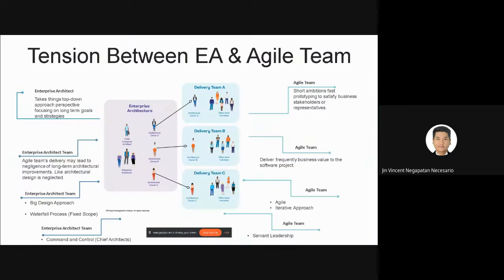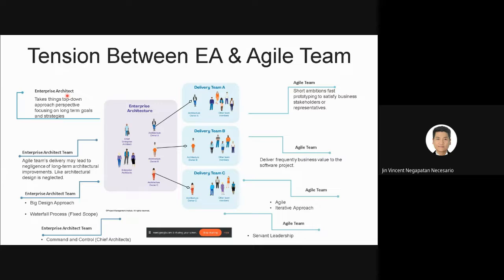And then for the tension between the enterprise architect and the agile team, because of their different perspectives, let's try to see what their differences are. For example, the enterprise architect takes things from a top-down approach because they focus on the long-term goals and strategies of the business.